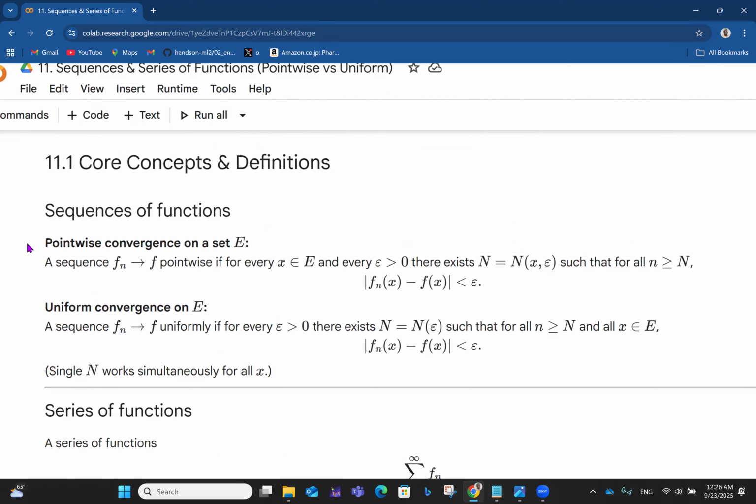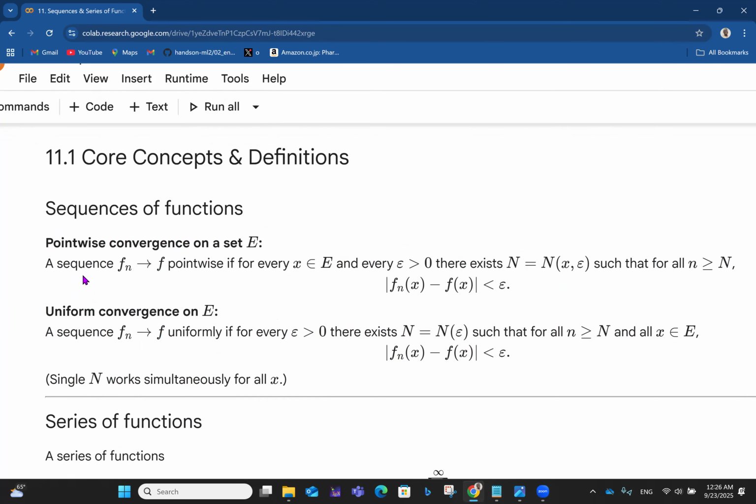So when we talk about sequences of functions, we have pointwise convergence on a set E. We say a sequence fn converges to f pointwise if for every x that belongs to the set E and every epsilon greater than 0, there exists N, which is a function of x and epsilon, such that for all small n greater than or equal to big N, we have the absolute value of fn of x minus f of x less than epsilon.